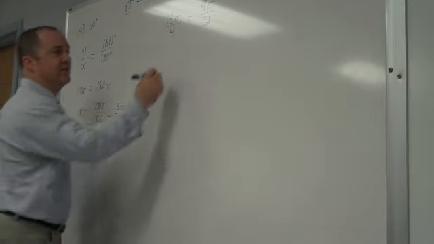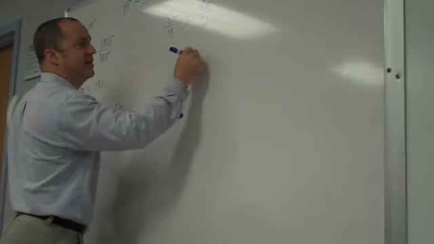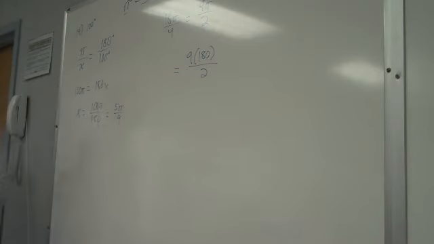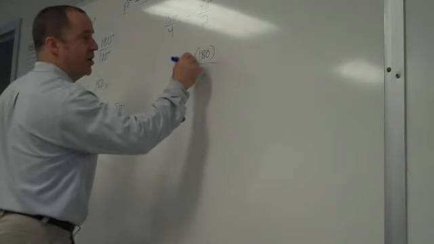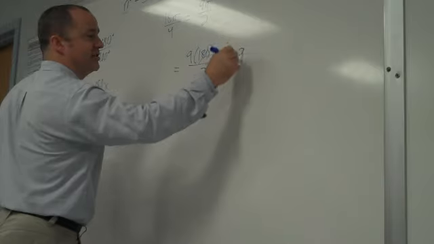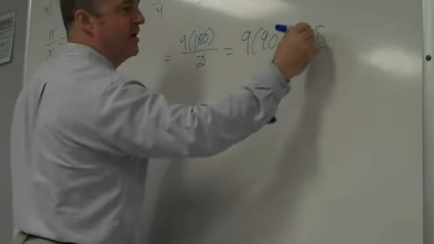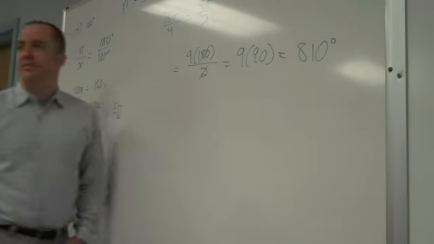So if I want to turn this into degrees, I can just put 180 degrees anywhere where I see a pi. And if I tried to do this without a calculator, I would notice that 180 divided by 2 is 90. And since 9 times 9 is 81, this would be 810 degrees.